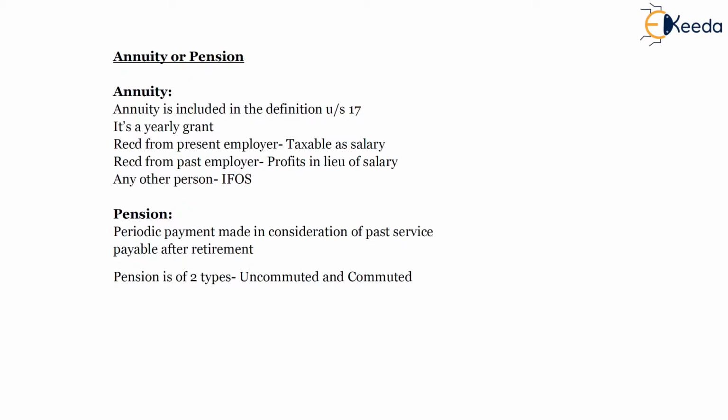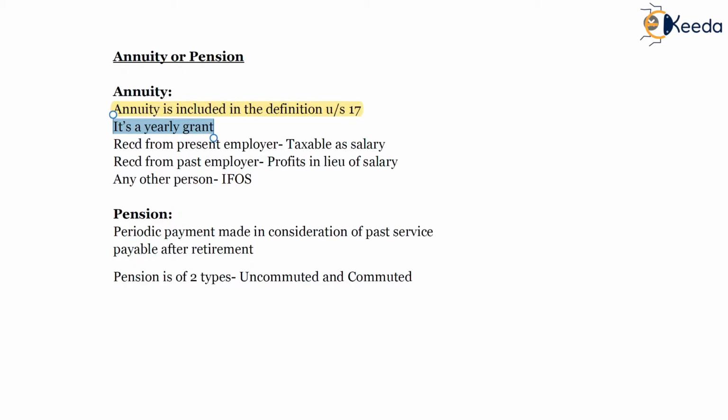So friends, we have understood the meaning of annuity or pension. And in pension, there are two bifurcations: uncommuted pension and commuted pension, on your screen. The word annuity. Annuity is included in the definition of section 17, right? Annuity as well as pension, both the terms are included under sub-section 1, clause 2.